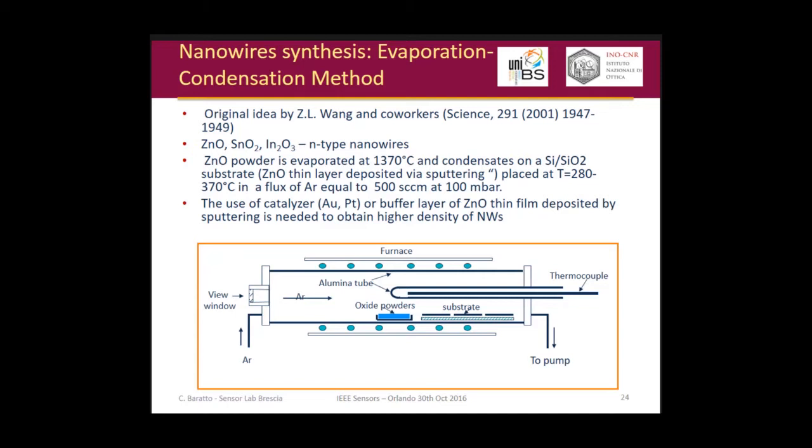And after this, they condense over a substrate, which is put in a different temperature region of the furnace. And in the proper thermodynamic conditions, you can have the growth of nanowires.